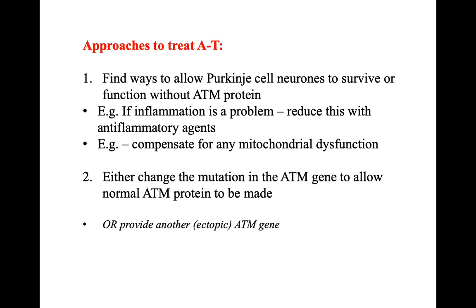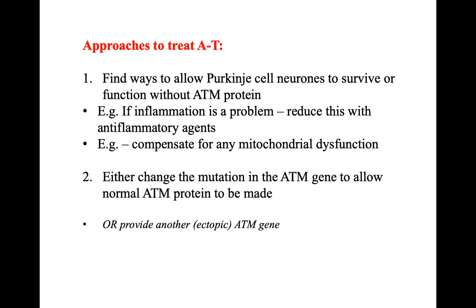Another possibility is if we can change the mutation in the ATM gene to allow normal ATM protein to be made. I'm not going to talk very much about that, but at the end, I will tell you about an approach that's being used in that direction. Another very different approach is to try and give cells what we call ectopic, or that little code for ATM that now doesn't have mutations in it.